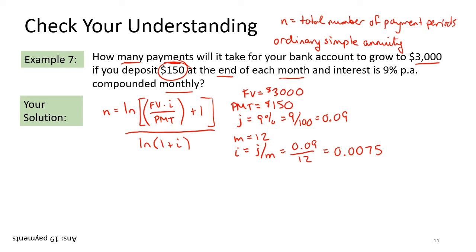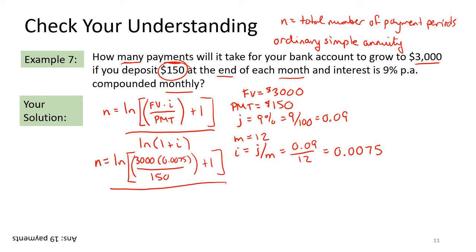All right, so now that we have all this information, let's substitute it in to find the total number of payment periods, N. So N is equal to the ln of the future value, 3,000, times 0.0075 divided by 150, plus 1, divided by the ln of 1 plus 0.0075. So again, doing this in steps, n comes out to the ln of 1.15.